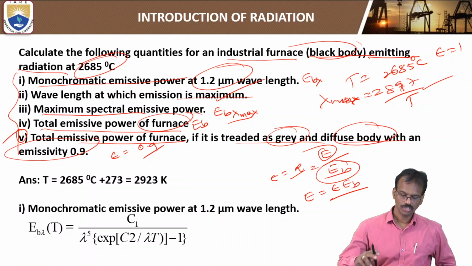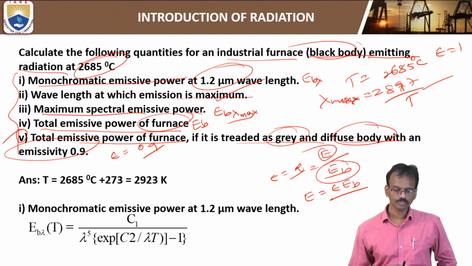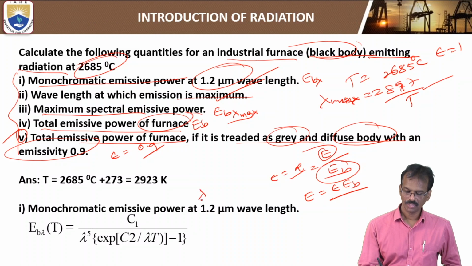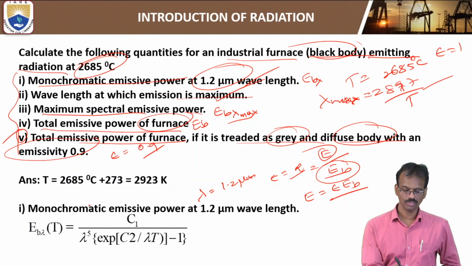So first of all, we will see the first point. What is the first point? Monochromatic emissive power at 1.2 microns. So it means lambda is equal to the given 1.2 microns. What is the temperature? The temperature of the black body, or absolute temperature, T is equal to 2923 degrees Celsius.